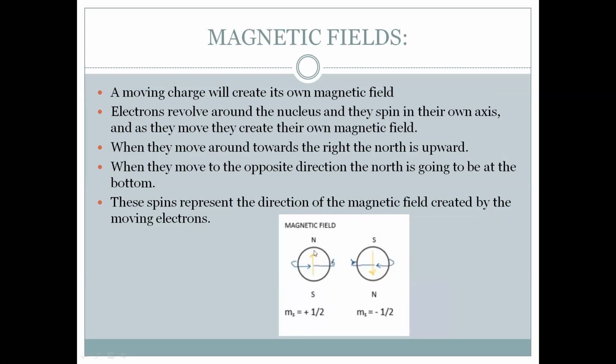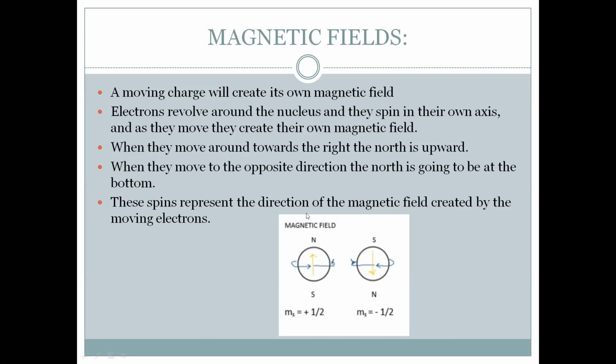And this yellow arrow represents the direction of the magnetic field. Now, the direction of the magnetic field is based on the direction the spin is.